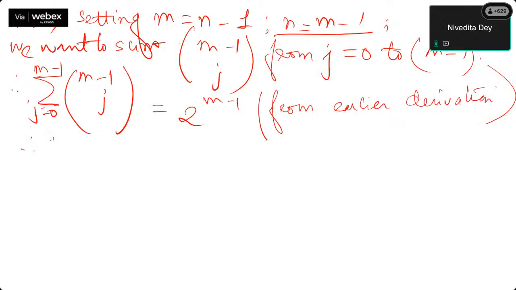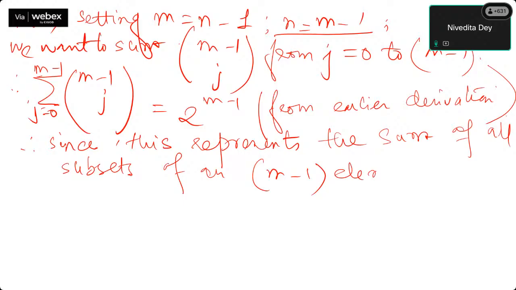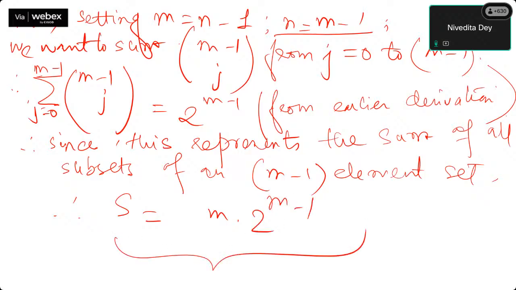Since this represents the sum of all subsets of an m minus 1 element set, therefore, S equals m into 2 to the power m minus 1 is the fundamental formula.